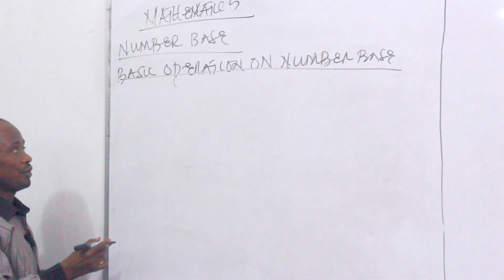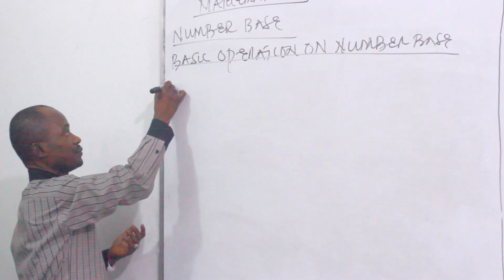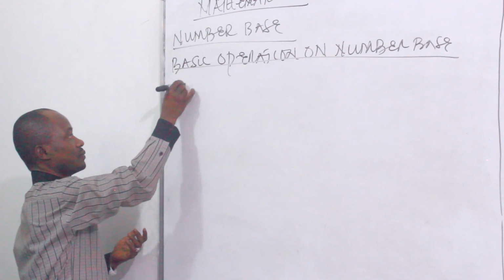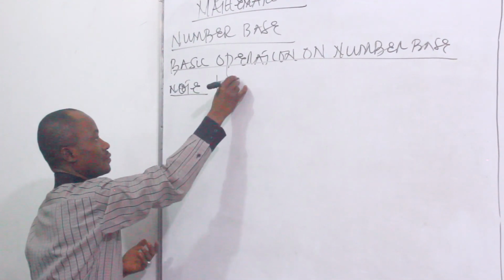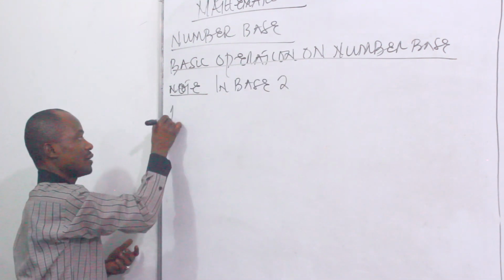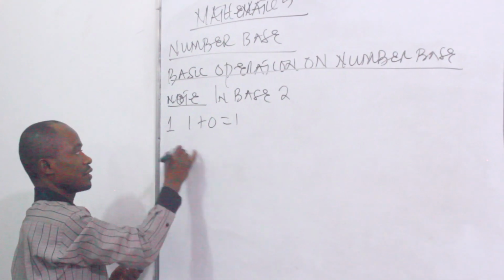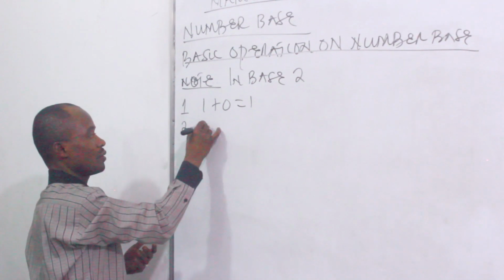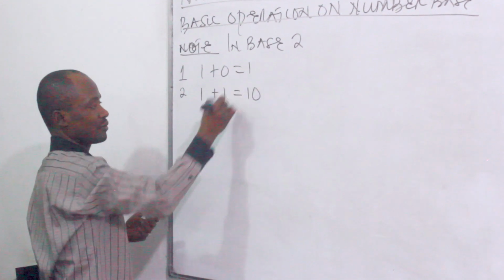For example, in base 2, note: 1 plus 0 is 1. 1 plus 1 is 1, 0.